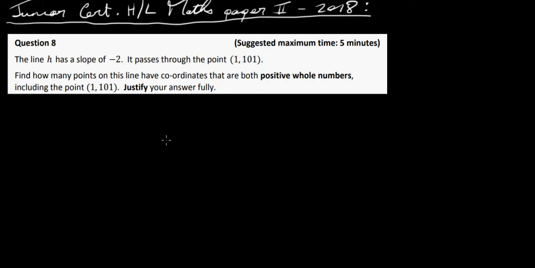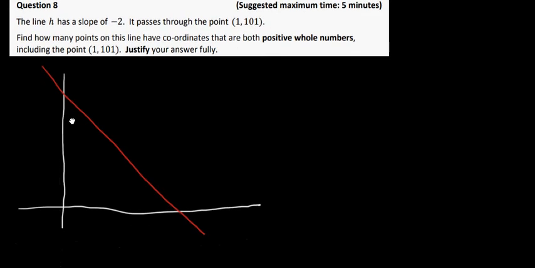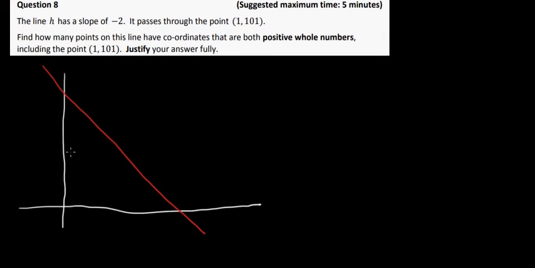So we have a line that looks, I don't know, something like this. It has a negative slope, so it's going to slope down to the right like this, and we know that it has a slope of -2.